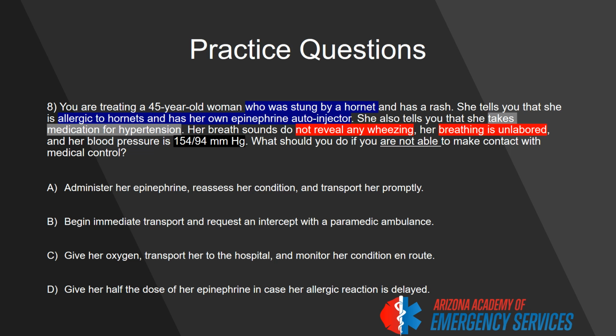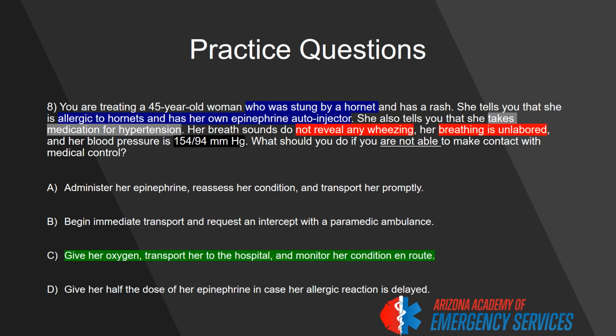And given our knowledge of standing orders, given our knowledge of how to care for patients, and the knowledge that we've ascertained that she is not currently experiencing an anaphylactic reaction, would lead us to believe that the correct answer is in fact C. Give her oxygen, transport her to the hospital, and monitor her condition en route.